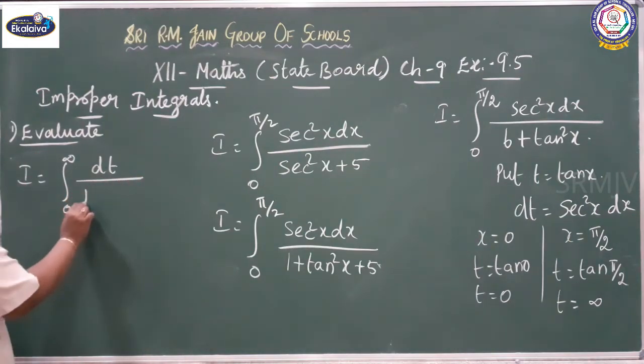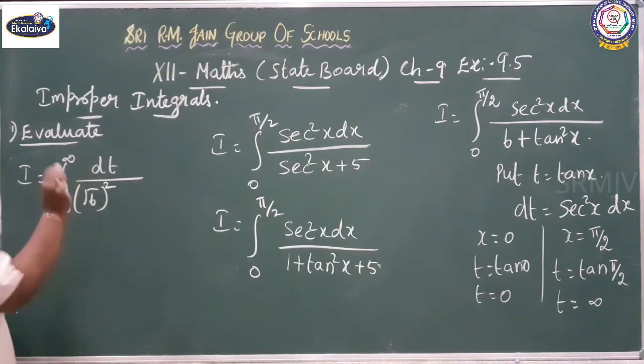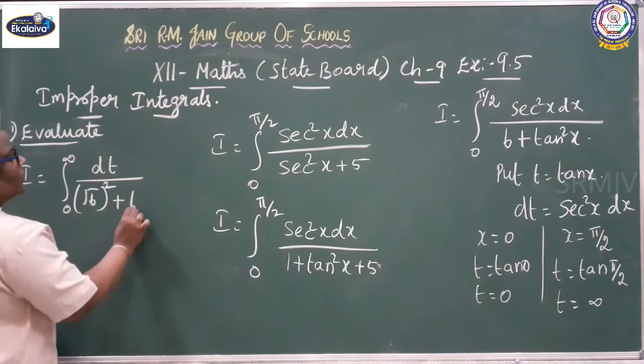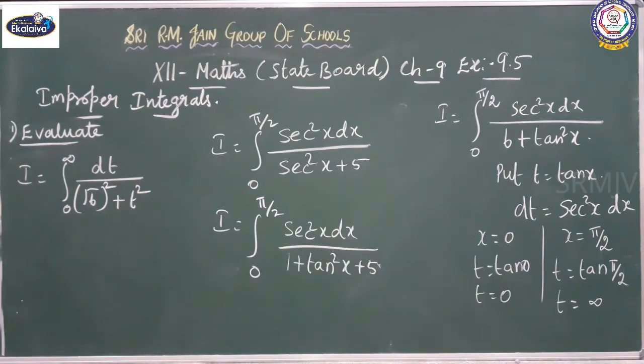You can write it as root 6 the whole square plus t square, tan square is t square. See the limit 0 to infinity dt by root 6 the whole square plus t square.